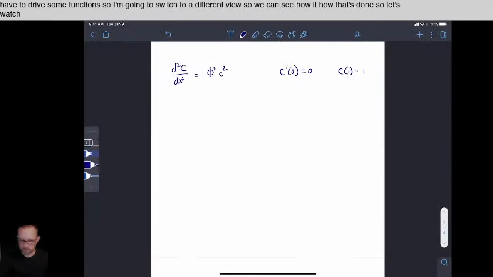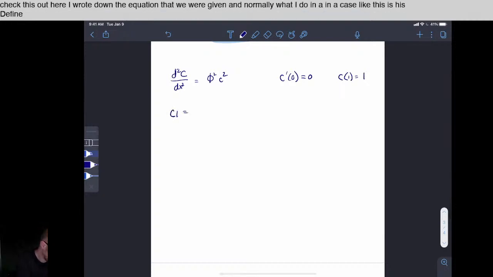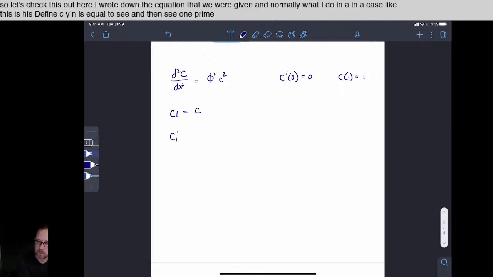So let's check this out. Here I wrote down the equation that we were given. And normally what I do in a case like this is define C1 is equal to C, and then C1 prime is equal to C prime.